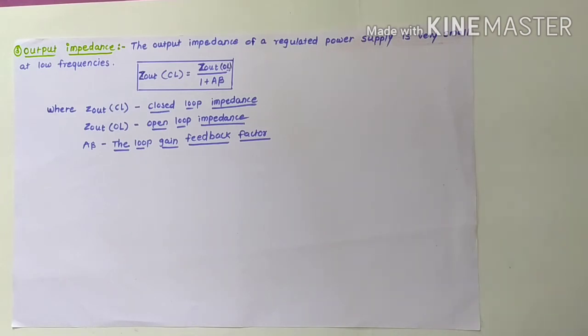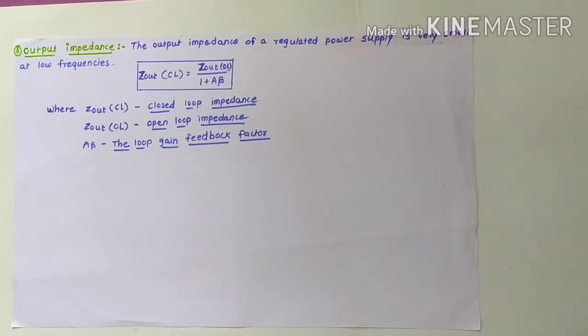Okay students, this gain feedback factor is approximately the open loop gain of an op-amp, and it reduces the power supply DC and low frequency output impedance to just milliohms or less, providing near ideal load regulation performance. So this is most important. By using this output impedance, we get a good quality power supply.